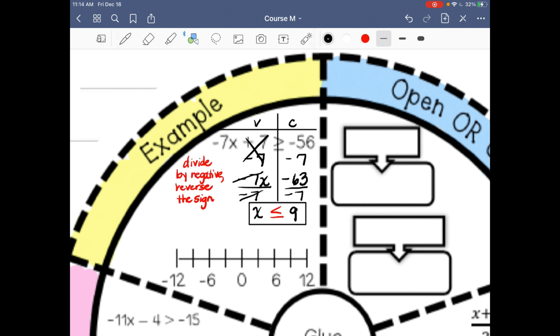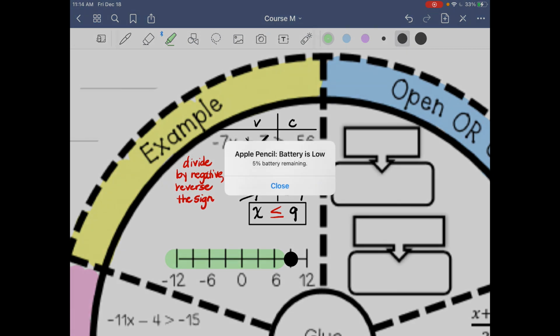So let's draw the solution box and then graph this solution. It is at 9 positive, so put your interval in there. It's closed, and then it is pointing to the left. It's less than or equal to positive 9. Don't forget that reversing thing if you multiply or divide by a negative.